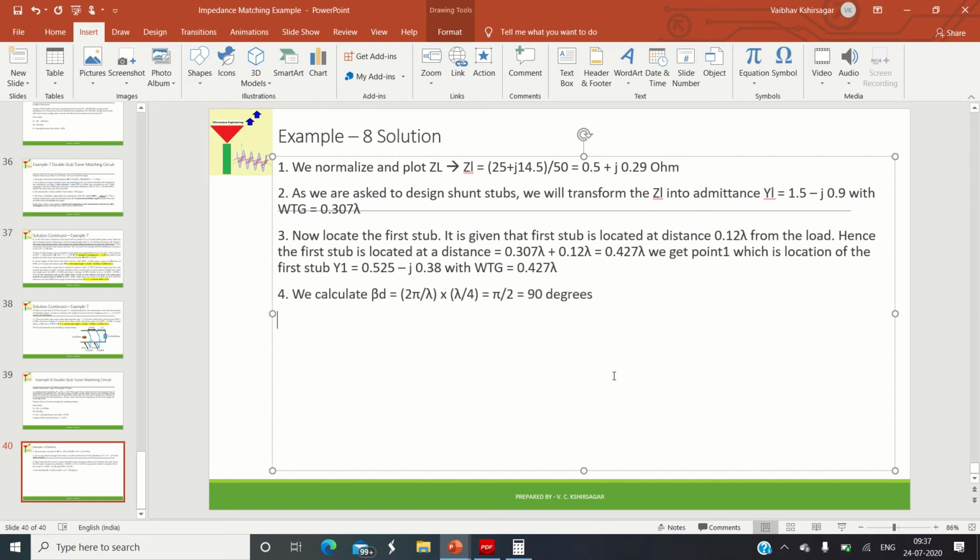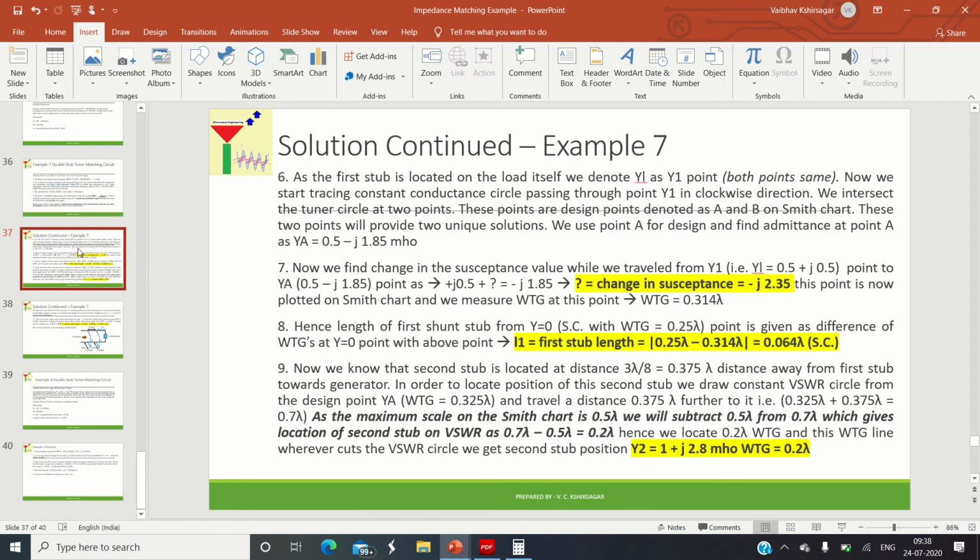Okay, so next is the important thing, that we draw a forbidden region. We draw the forbidden conductance circle. Now we know that the forbidden region is specified by a conductance circle with a specific value. So how is this conductance circle given?